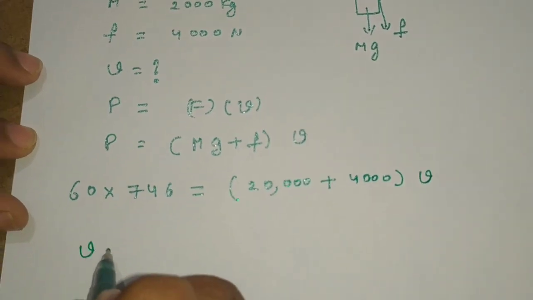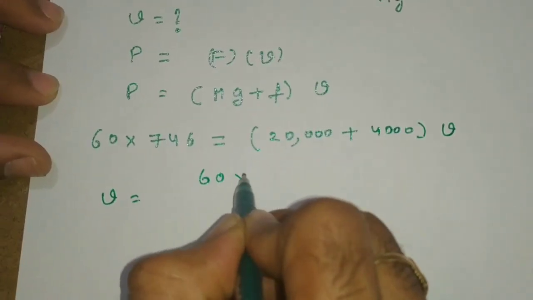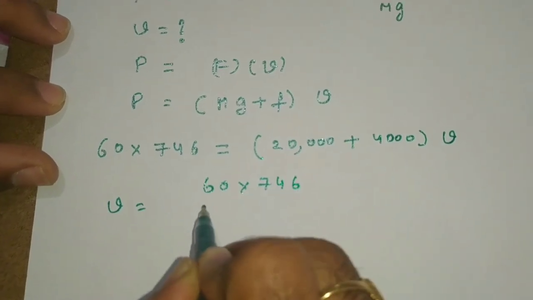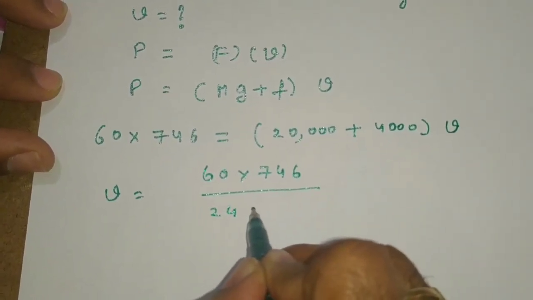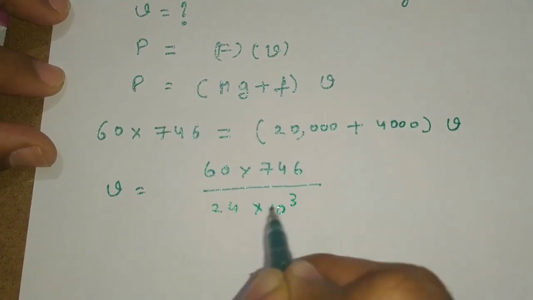Therefore, velocity is equal to 60 into 746 divided by 24,000, that is 24 into 10 power 3.